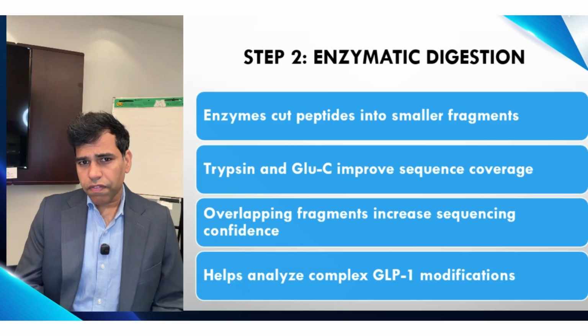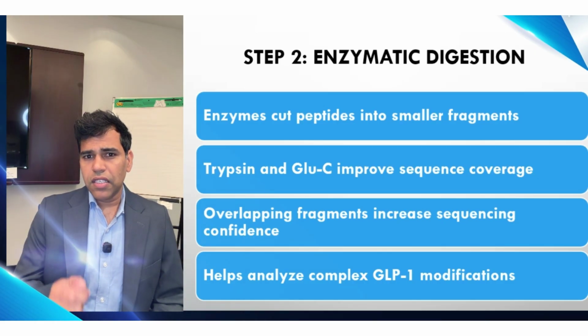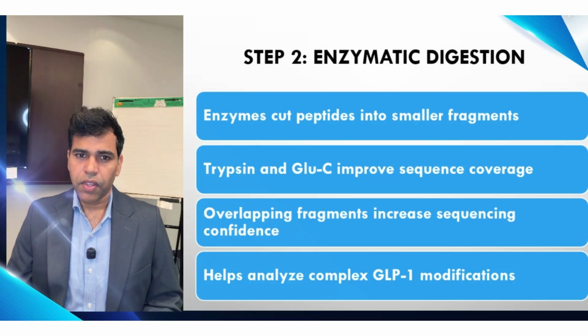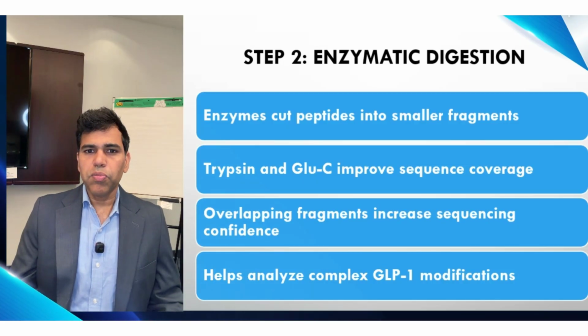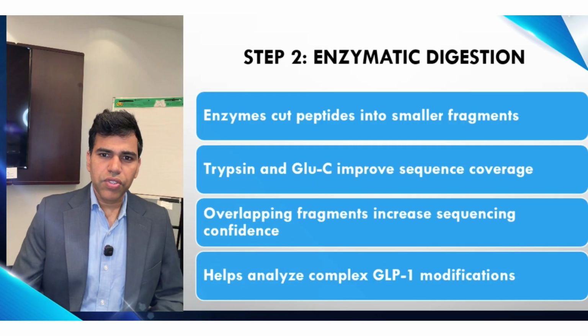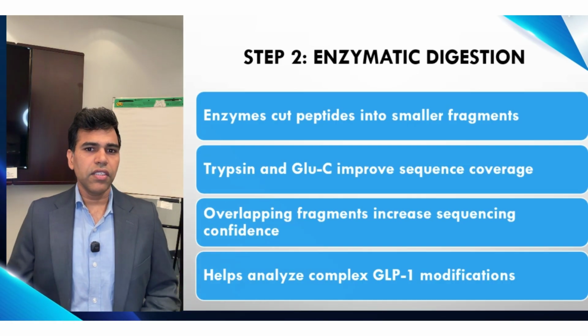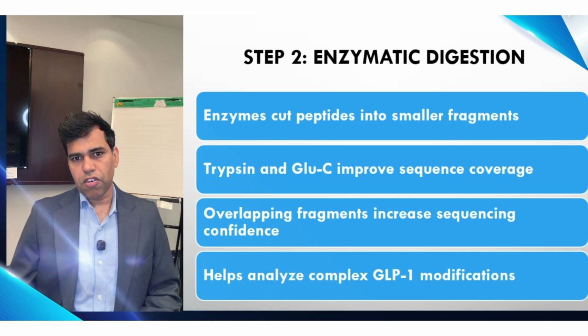The choice of enzyme determines what sequence coverage you'll actually achieve. With a molecule as modified as semaglutide, relying on a single enzyme is a calculated risk that rarely pays off.